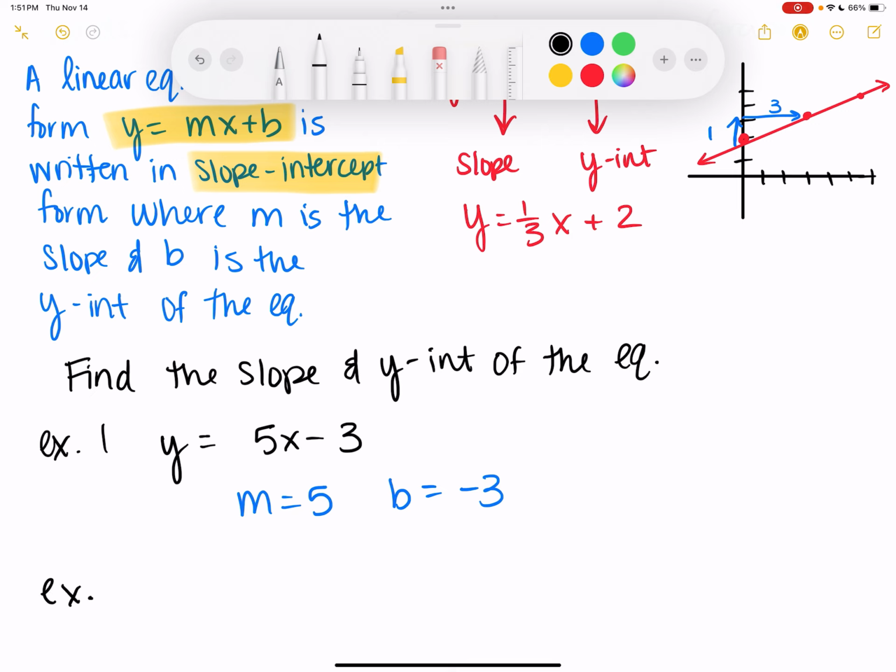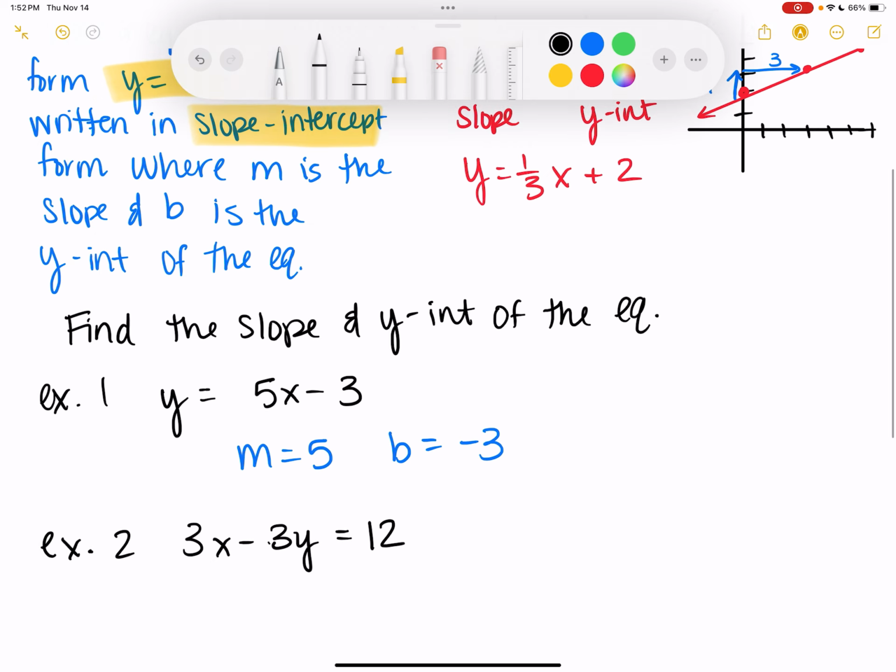If I had one like this, 3x minus 3y equals 12, then I need to first write it in slope-intercept form to be able to find my slope and my y-intercept. So, as a review, how do I get y by itself?